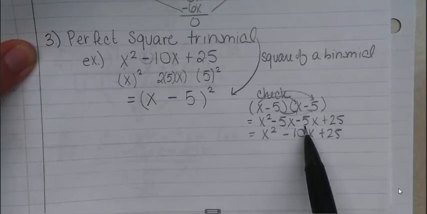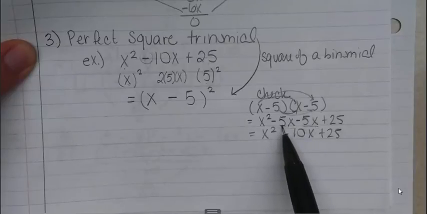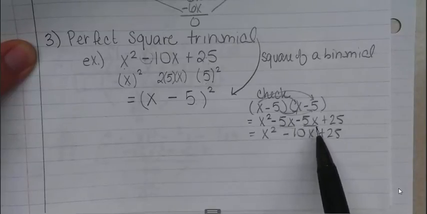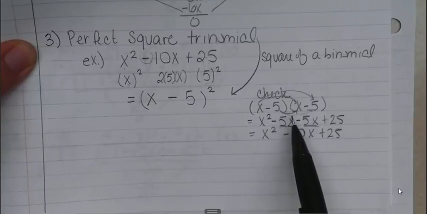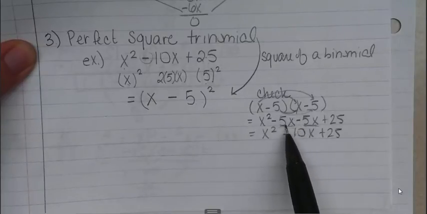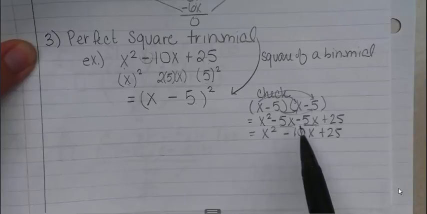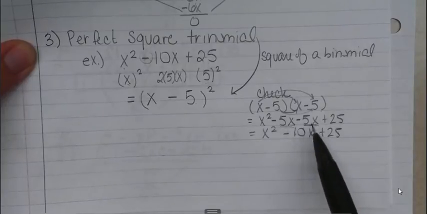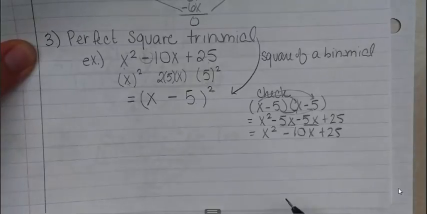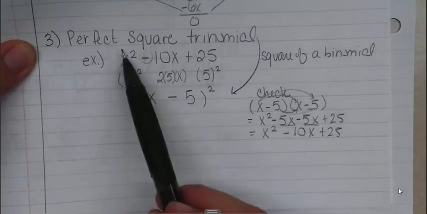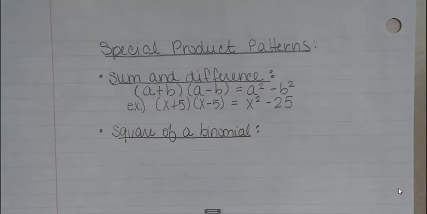The inners and the outers are the same, right? So that basically just means I can double whatever my inners are, or double whatever my outers are, to give me that middle term, which ends up becoming a perfect square trinomial. Okay, so let's go ahead and define this.